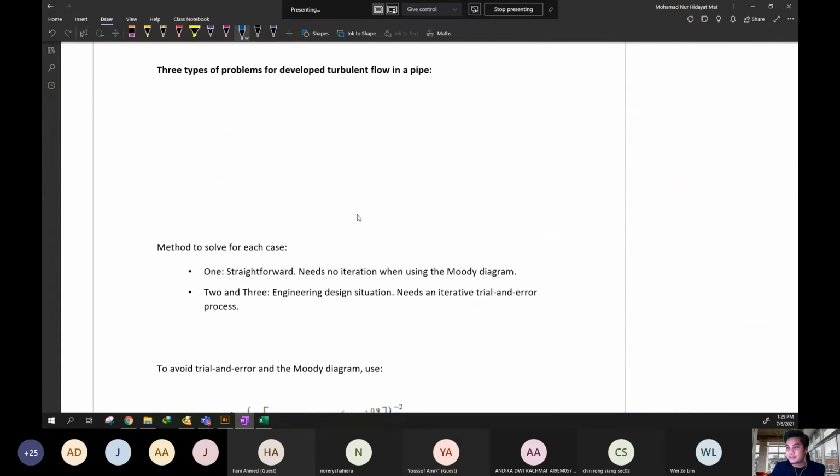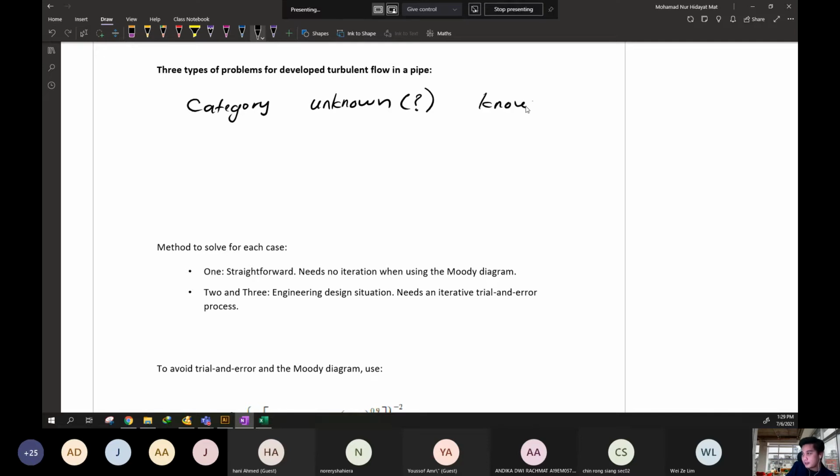So basically, there are 3 types of problem for the major losses developed inside the turbulent flow. The first one is category A. Okay, let me put it this way. Category, knowns. This is unknown. This is what we need to solve. And this is known.